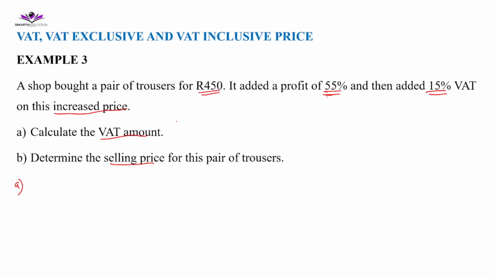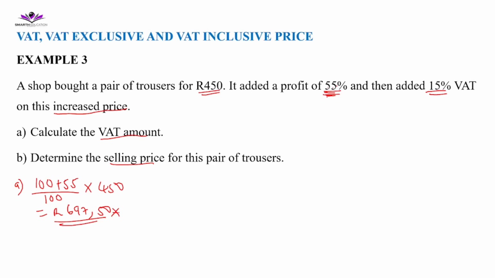Profit is 55%. We did this in our previous lessons. So we just say 100 plus 55 over 100, then times the cost price, which is 450. Remember, we did this when you're doing profit, and then it gives us 697 rand 50 cents. This is the new price after adding profit.